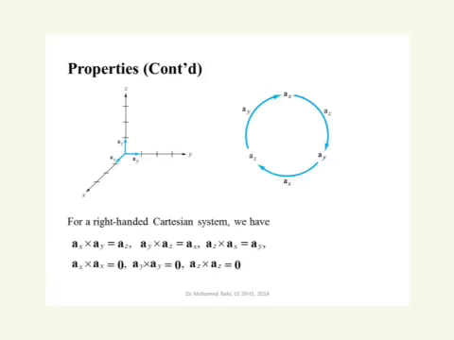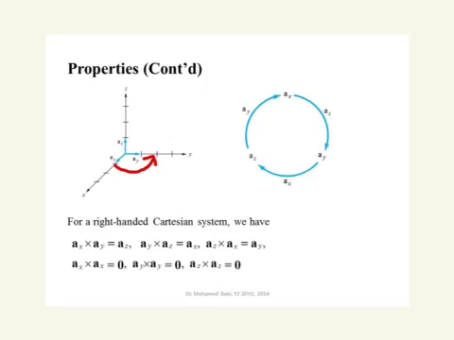Because the cross product gives us a vector normal to the plane of the two vectors, and because the unit vectors in the direction of the coordinates are normal to one another, you will notice that in what we call a right-handed coordinate system, which is the one we use all the time, when you take the cross product between ax and ay, the right hand screw is moving from ax to ay.